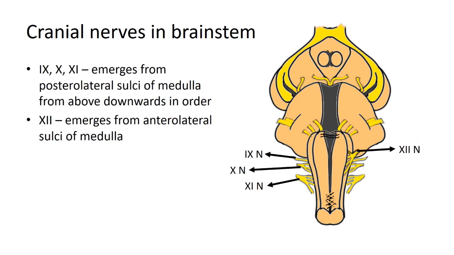The 9th, 10th and 11th nerves, that is the glossopharyngeal, vagus and accessory nerves, emerge from the posterolateral sulci of medulla. Remember here the posterolateral sulci comes first, not the anterolateral. So the 9th, 10th and 11th nerves emerge in order from above downwards.